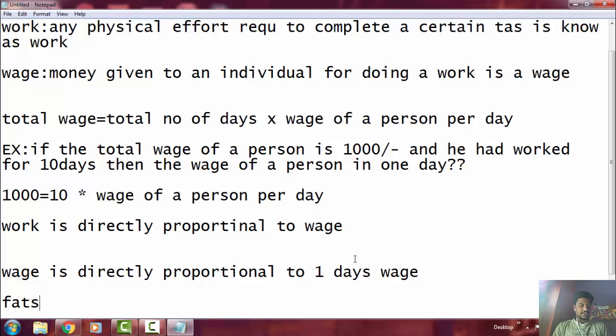Now let us go to some formulas, or the fast track methods, for which we are highly famous.